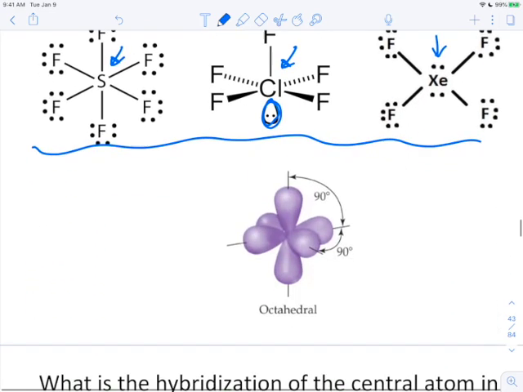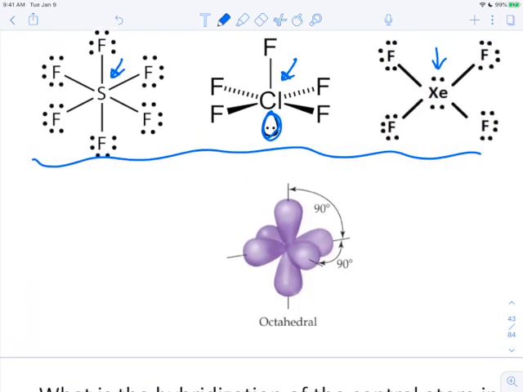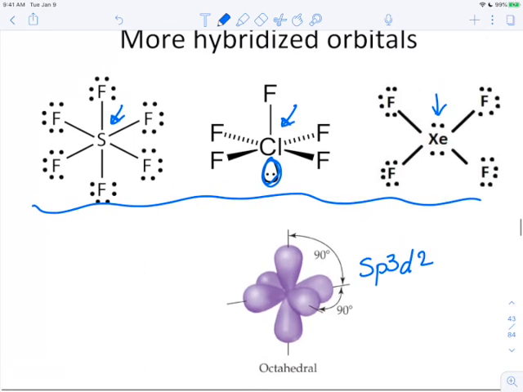So all of these come from the electron geometry of the octahedral. So the octahedral has 6 electron groups or electron clouds around it. So it will always be sp3d2. And if we look at every one of these, we can count 1, 2, 3, 4, 5, 6. 1, 2, 3, 4, 5, 6.